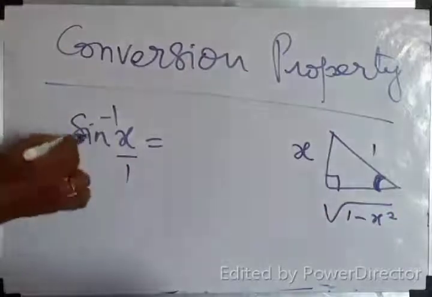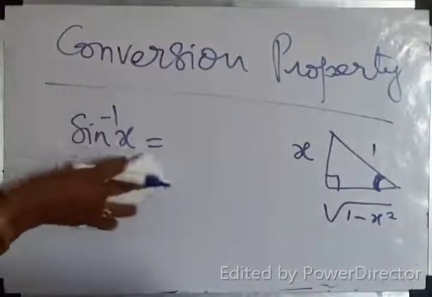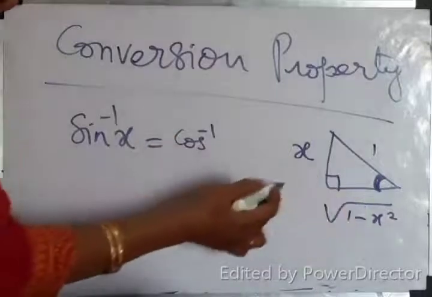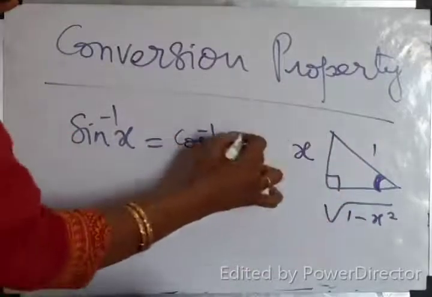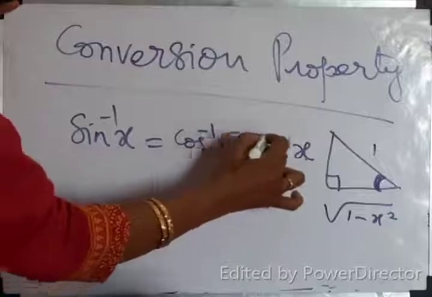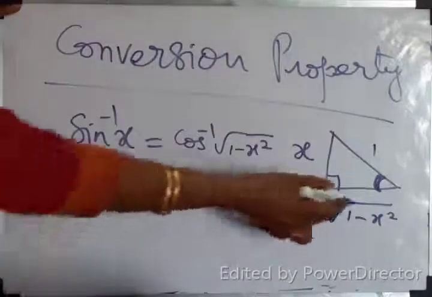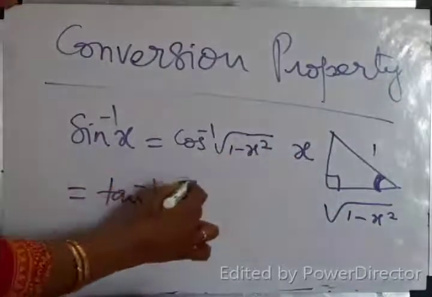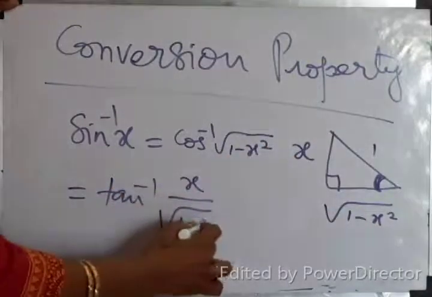Now, sine inverse x, I can write cos inverse, adjacent side by hypotenuse, root of 1 minus x square. That's all. Tan inverse also I can write: opposite by root of 1 minus x square.